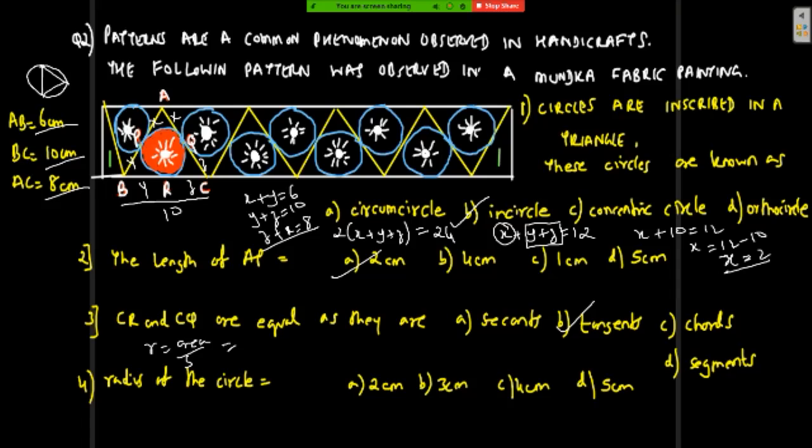Suppose you are not able to understand that 6, 8 and 10 are Pythagorean triplets, which you should be knowing, but in case it misses out, then you also have the option of using Heron's formula to find the area of the triangle, right? Class 9 you did, when 3 sides are given, find the area. This is a 90-degree triangle because 6 square is 36, 8 square is 64.